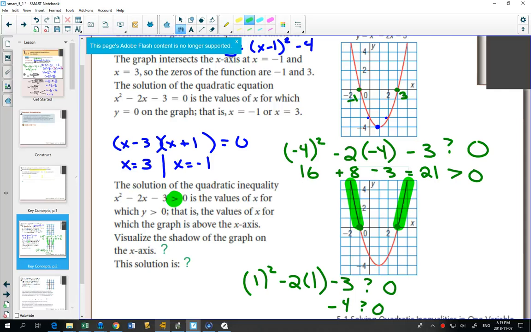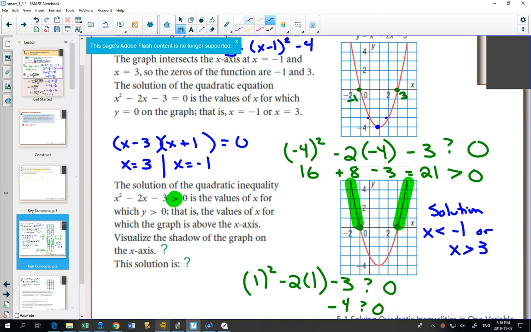And so my solution, and we're going to learn some crazy ways to write the solution, looks like this. We could either say x is less than negative 1 or x is bigger than 3.